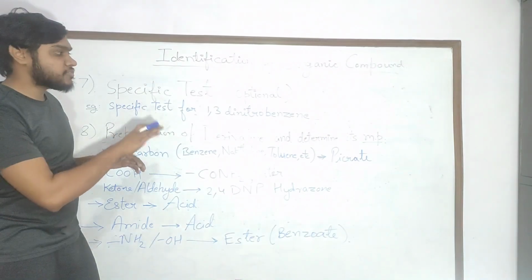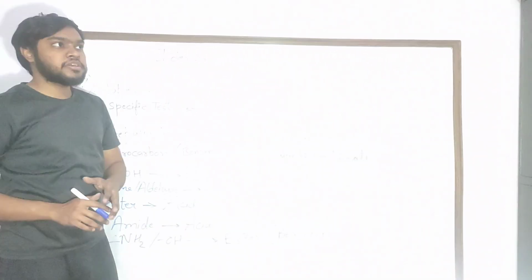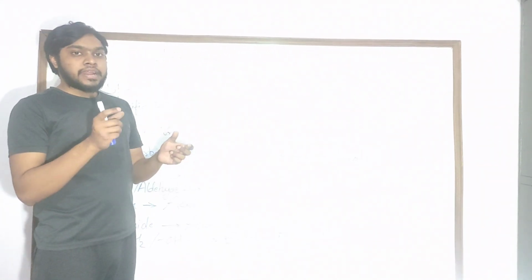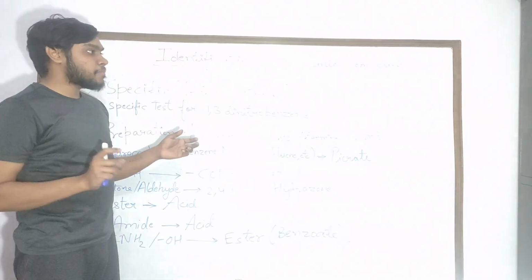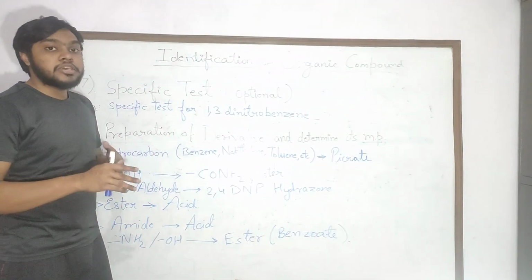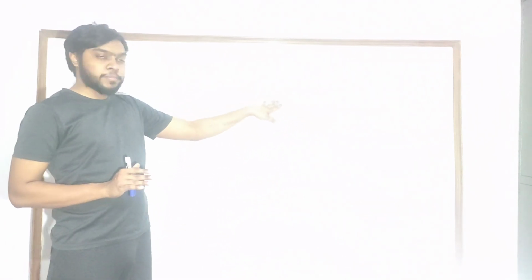There is a special test for dinitro compounds, in which you take acetone, dissolve some compound in it, and then add sodium hydroxide. A blue violet color is observed in the case of 1,3 dinitrobenzene. So this test can serve as a specific test for 1,3 dinitrobenzene, which is totally optional.